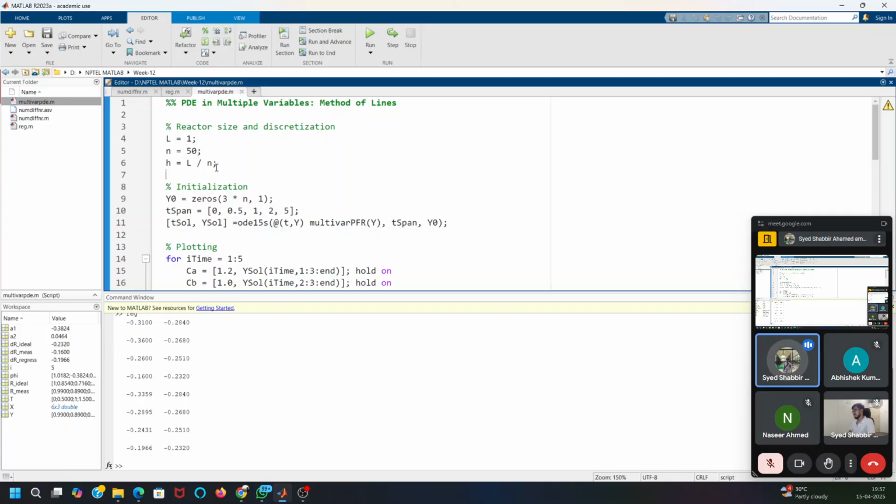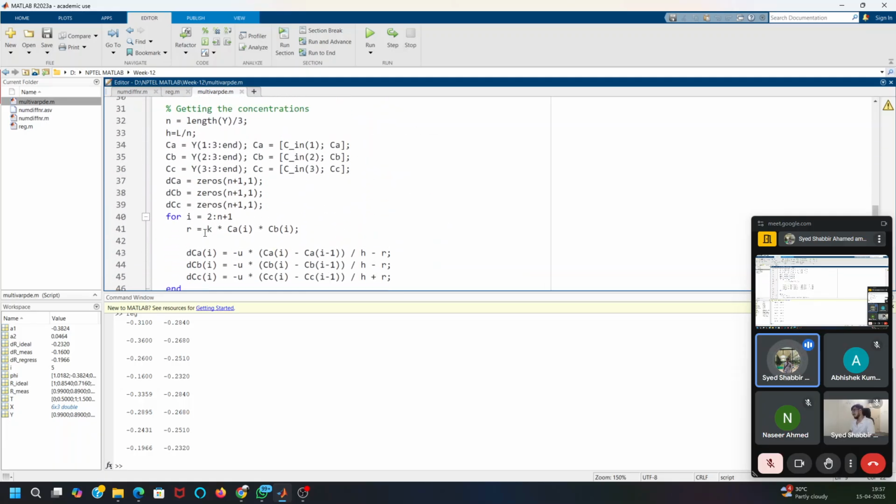So that's why H we will get as L by N. For initial values, because we will solve this using the ODE15s initial value problem solver, we should have initial values. It's given in the problem that Ci 0 is equal to 0, so we are taking all the initial values as 0.